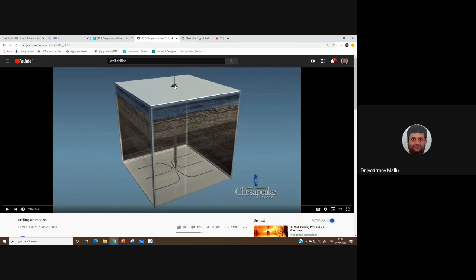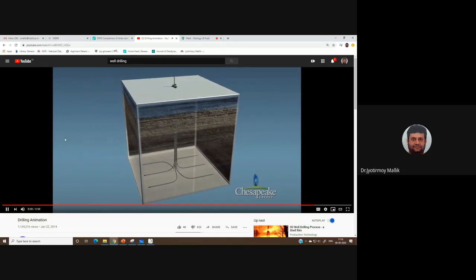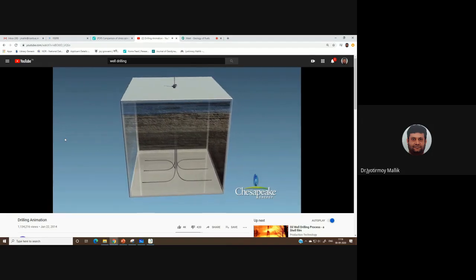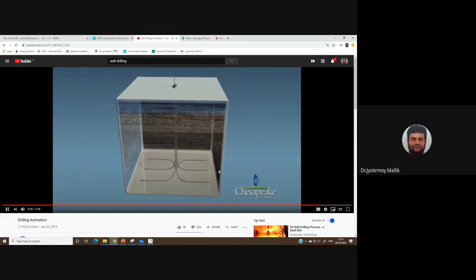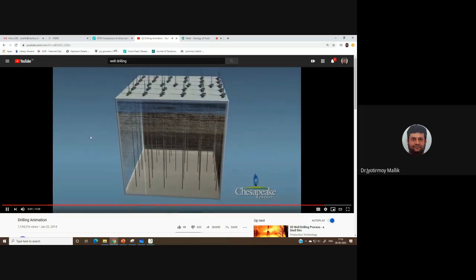So you can see here the Kelly bush is from here. Yeah, so this is the Kelly bush. This is the platform which you can see. And now you can of course see, when you try to develop a field, you may be drilling so many wells.